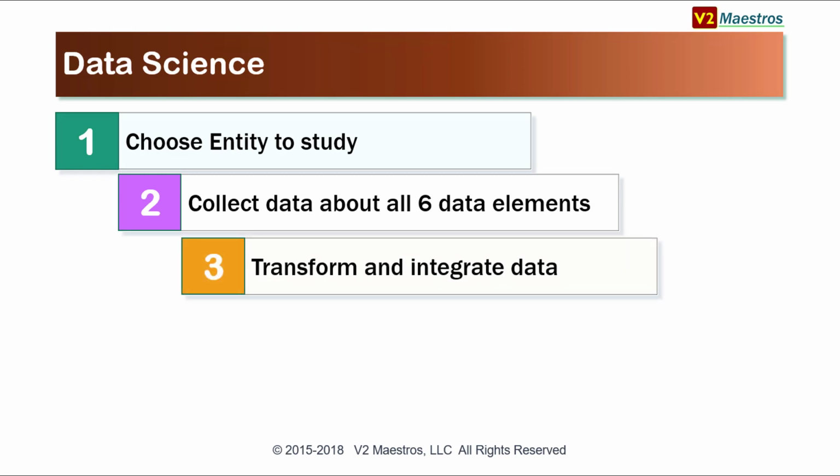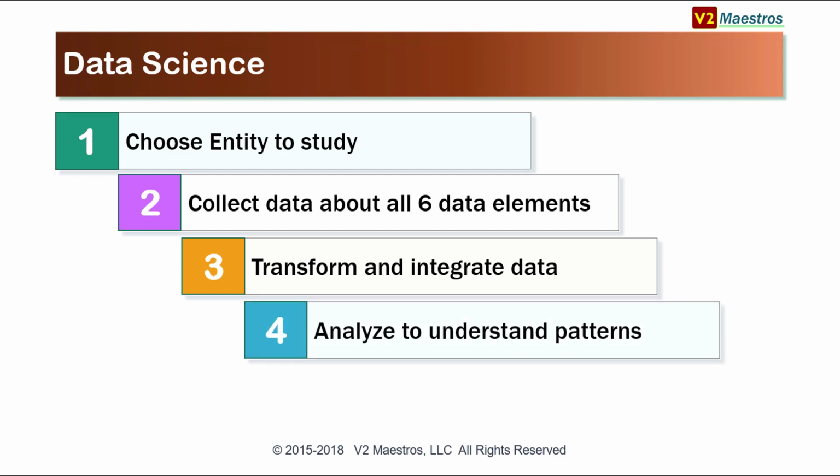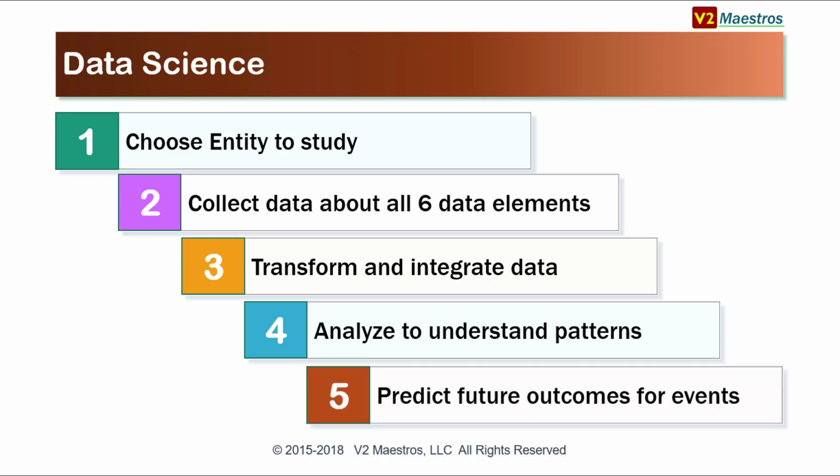You then transform and integrate data to convert them into meaningful forms that can be used for further analysis. You will analyze this transformed data to understand patterns and develop models. Finally, you will use this insight learned and the models built to predict the future outcomes for new events.